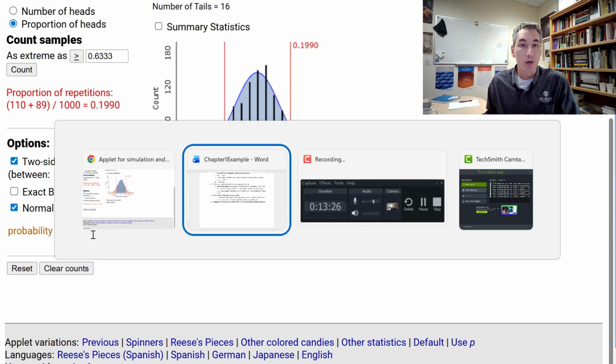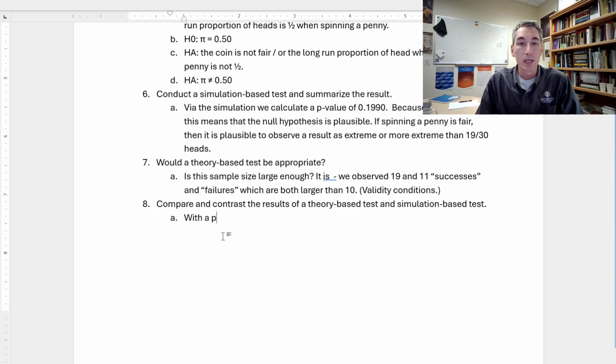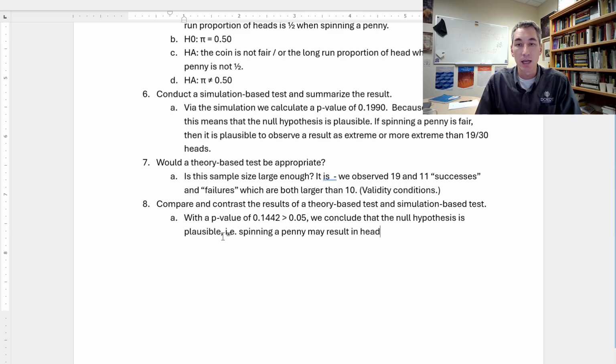So maybe we want to write that conclusion down here with a p-value of 0.1442, which is greater than 0.05. We conclude that the null hypothesis is plausible. That is, spinning a penny may result in heads and tails equally often.